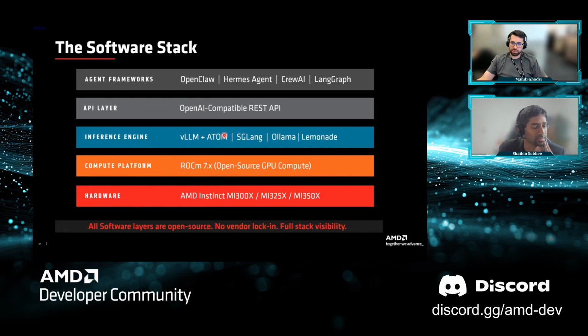And then here, ATOM, this is an AMD built plugin. It basically stands for AITER Optimized Model, and AITER itself stands for AI Tensor Engine. This is a great plugin that AMD developed that makes vLLM even more powerful.